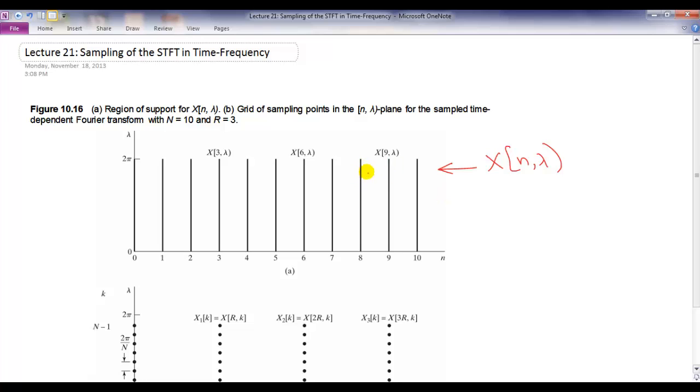For each value of n, we can sample the frequency axis from 0 to 2 pi in steps of 2 pi over N. Store this value, which is 2 pi over N. Store another value at 2 pi times 2 over N. Store this one at the 0 frequency, and so forth. So you create N frequency samples for each value of n.